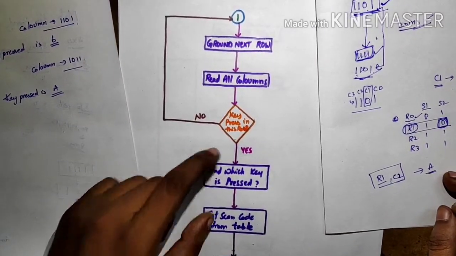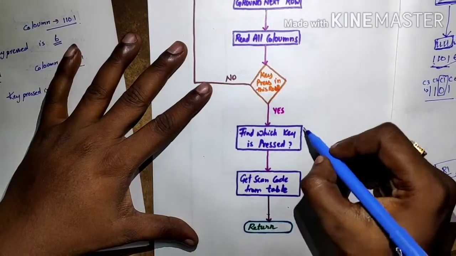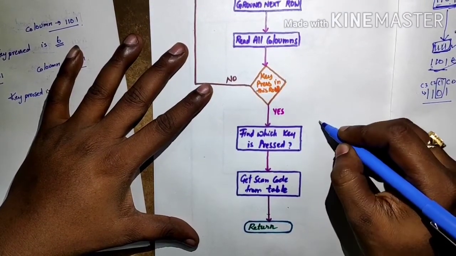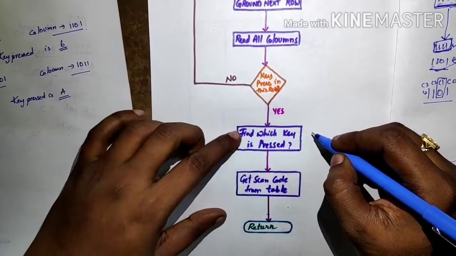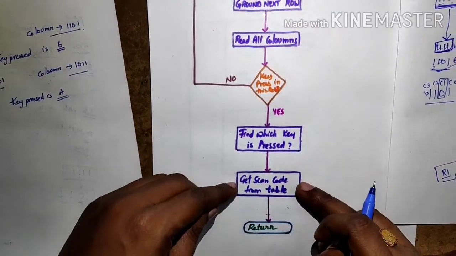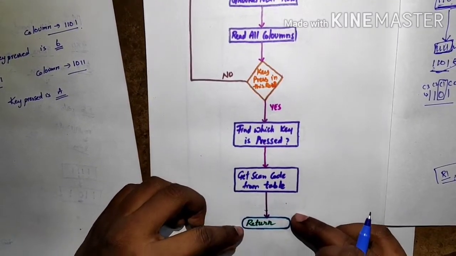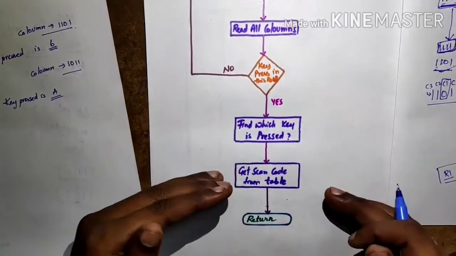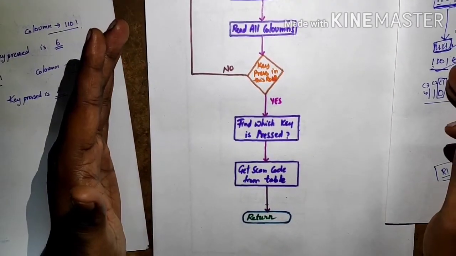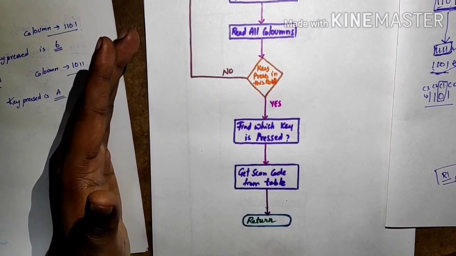So after finding the row, what we have to do is find out which key has been pressed. After finding out the key, we will scan the code from the table and return it. So we will have a lookup table. In the lookup table we will have the ASCII values of each and every character, 16 characters.